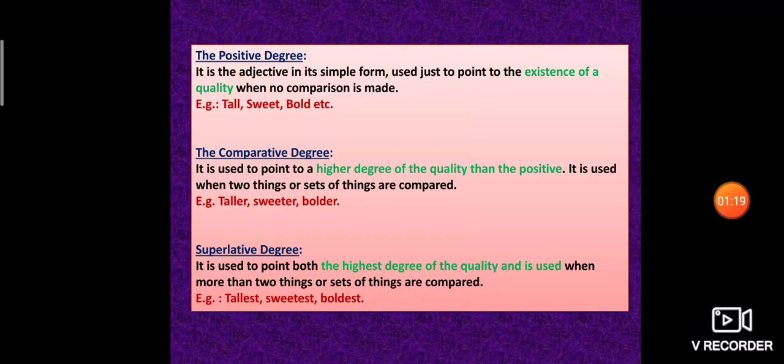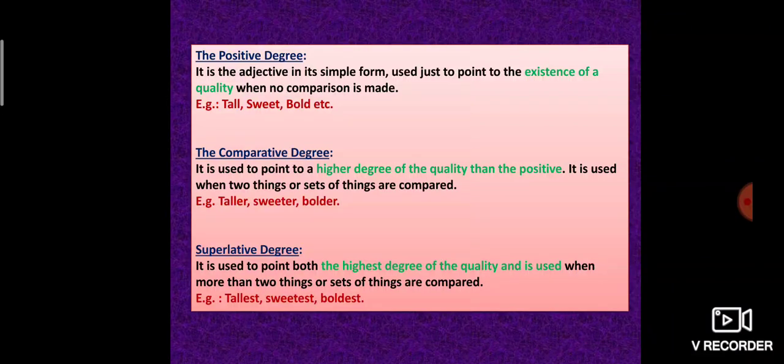So my dear students, first is the positive degree. It is an adjective in its simple form, used just to point out the existence of a quality, and there is no comparison made. For example, listen carefully: Rama's mango is sweet.